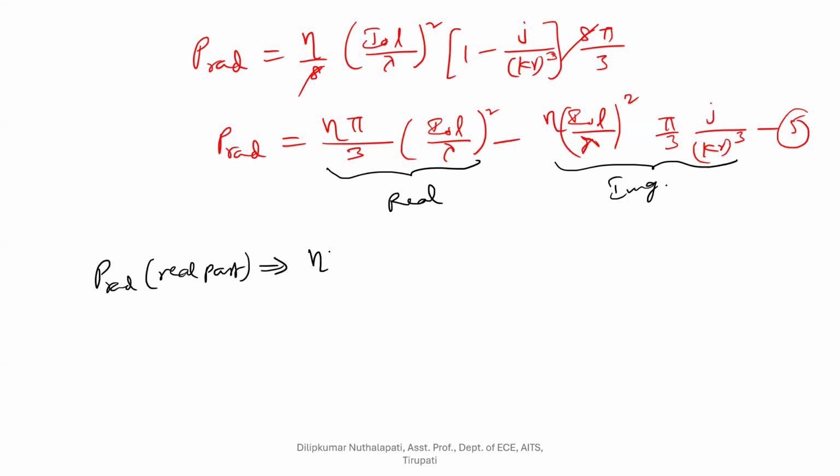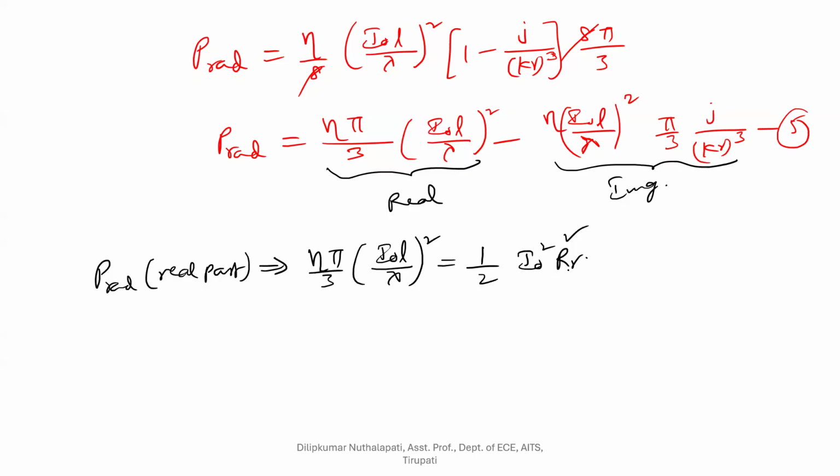Then we get ηπ by 3 into (I₀ L by λ) whole square equal to 1 by 2 into I₀² into R_r. Here all the terms η, π, 3 and L, λ are considered to be R_r. R_r is called radiation resistance.